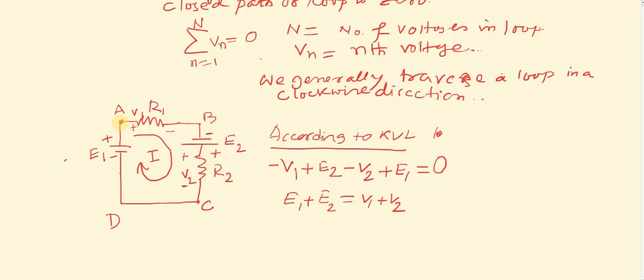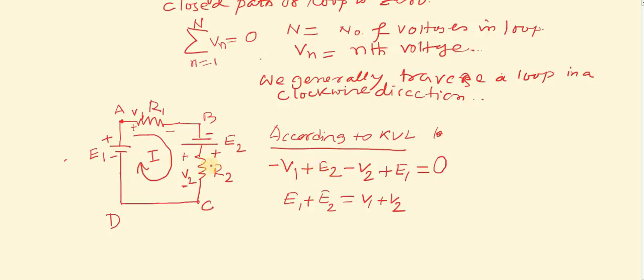So from point A, we are traversing and encountering a negative symbol, so we write V1 as negative. V1 is the voltage across this resistance, and again we go on, traversing through the battery part, encountering positive here, so we write positive E1 and E2.